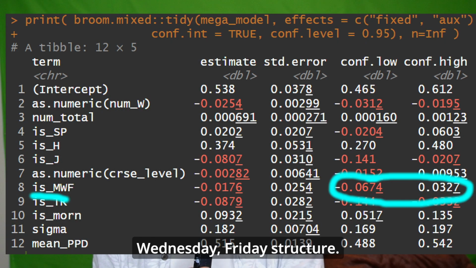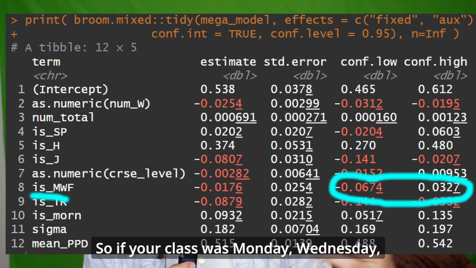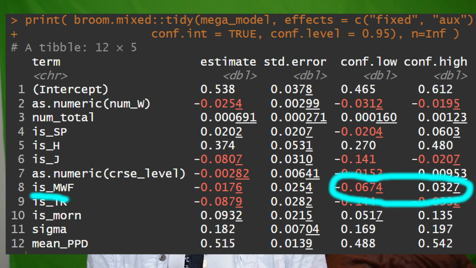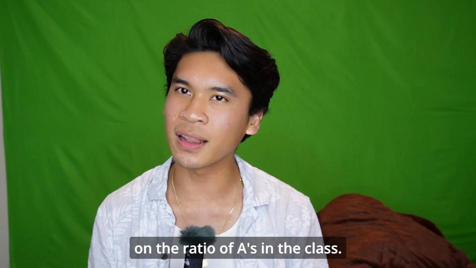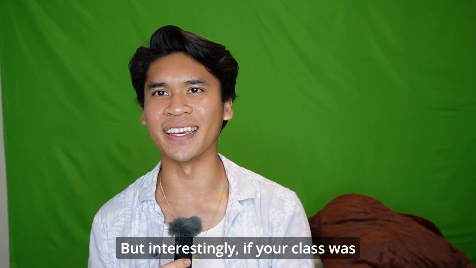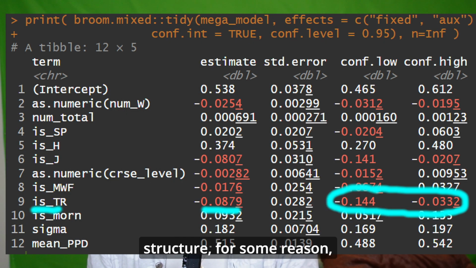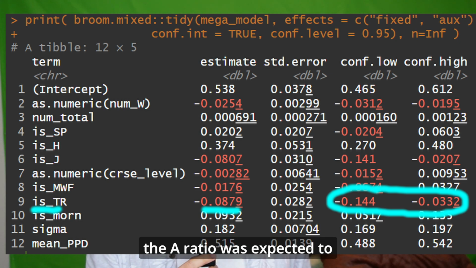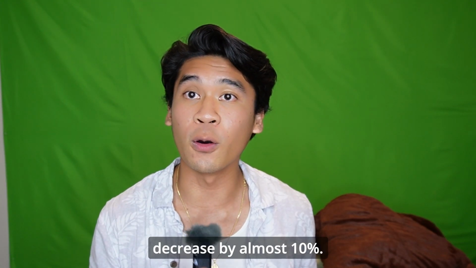Secondly was the Monday, Wednesday, Friday structure. If your class was Monday, Wednesday, Friday structure, it didn't really have an effect on the ratio of A's in the class. But interestingly, if your class was Tuesday, Thursday structure, for some reason, the A ratio was expected to decrease by almost 10%.